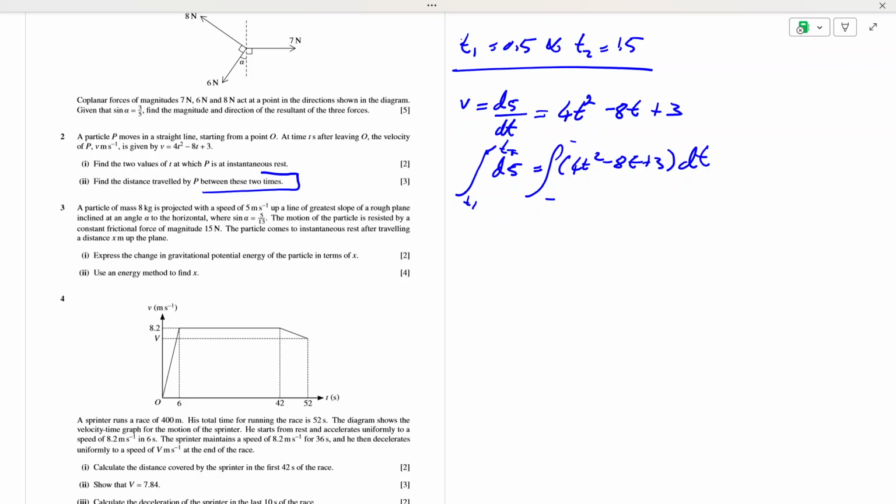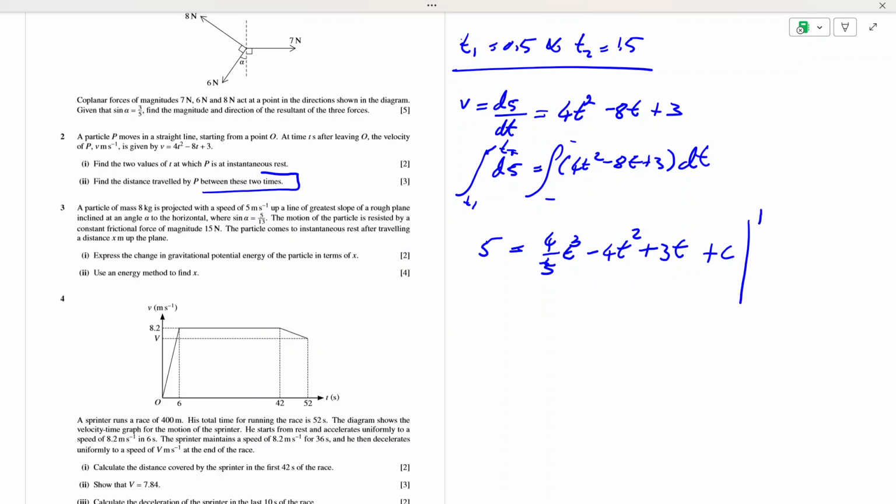Then when I integrate that, I'm going to get s is equal to 4 over 3 t cubed, right? You add 1 to the power, then divide. Then minus 4t squared plus 3t. Yes, we can have a constant c, but it's going to disappear when I use the limits because it's going to cancel out.